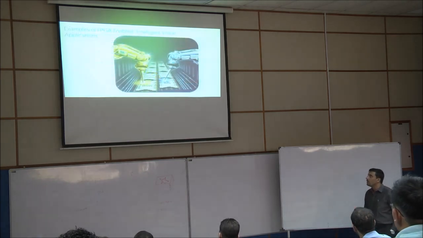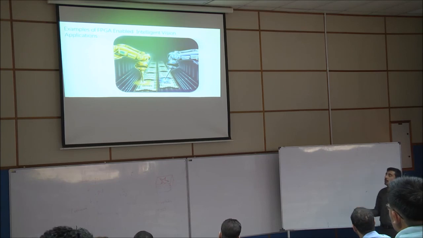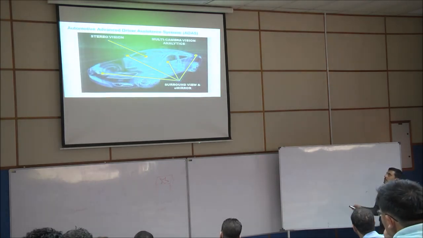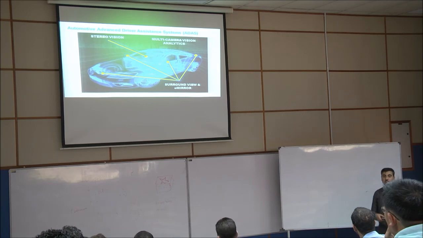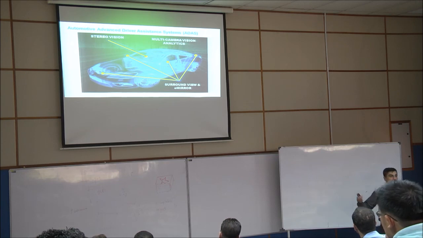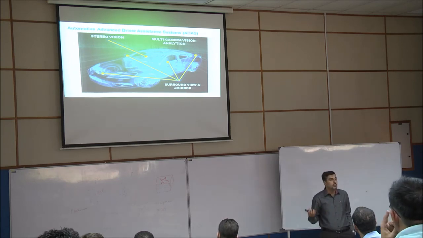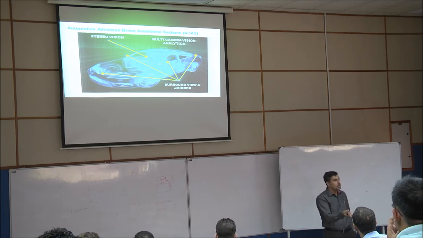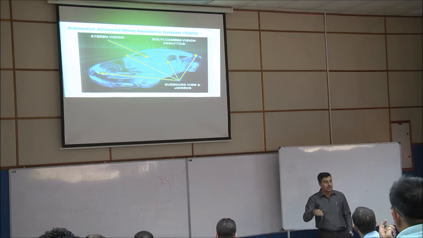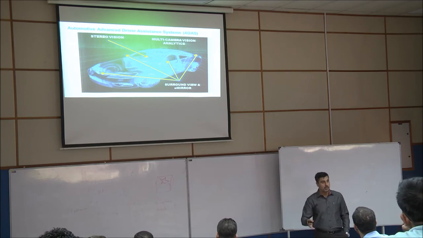Clear? So now an example of FPGA intelligent vision, like you see this ADAS, the smart car, the intelligent car. How do we utilize all those stereo vision, e-mirror, and so on? The problem is this car needs fast response and safety, right? Because it's not a human who can decide for you. Still they are in the early generation. We are still in the beginning. It's not completely autonomous.